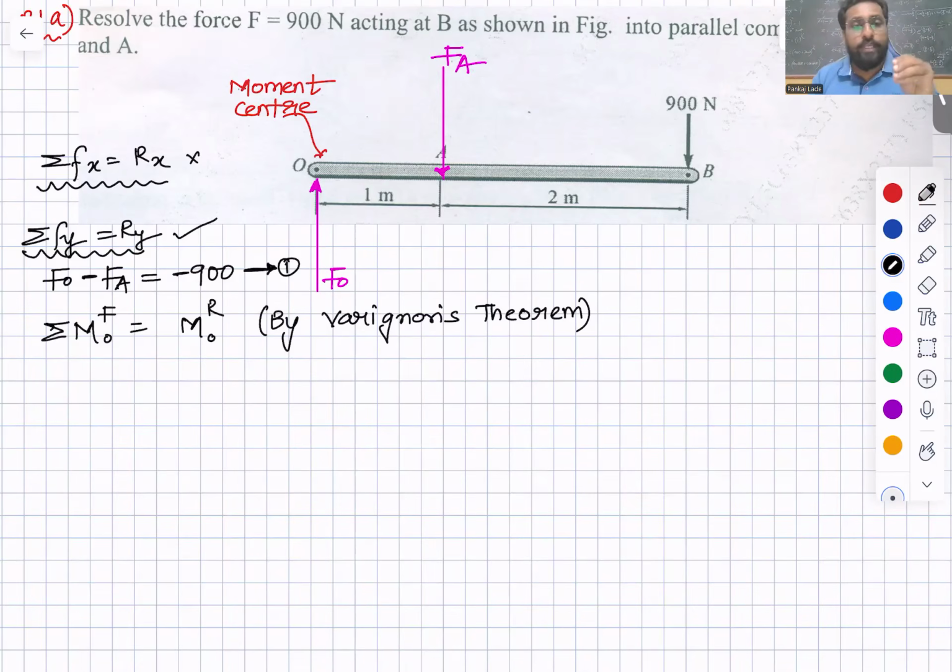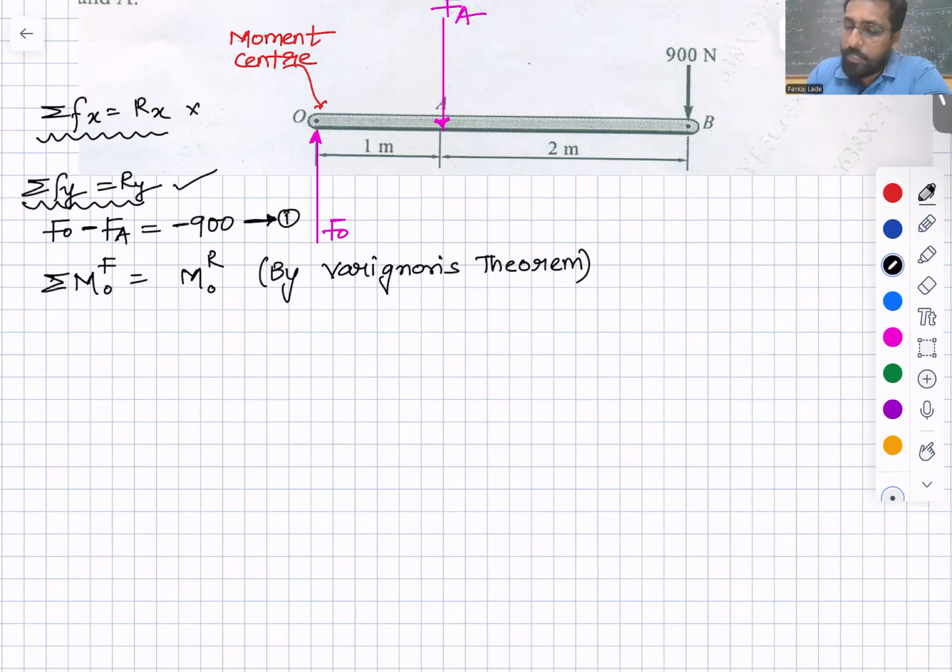तो अगर FO डायरेक्टली पॉइंट O से ही पास हो गया, तो उसका मोमेंट कितना आएगा? उसका मोमेंट जीरो आ जाएगा. ठीक है, FO is directly passing through point O, तो उसका मोमेंट अबाउट पॉइंट O जीरो आ जाएगा. And then FA is at a distance of 1 meter और वो क्लॉकवाइज डायरेक्शन में घूम रहा है. तो मैं यहां पे लिख देता हूं FO is passing directly through the moment center.